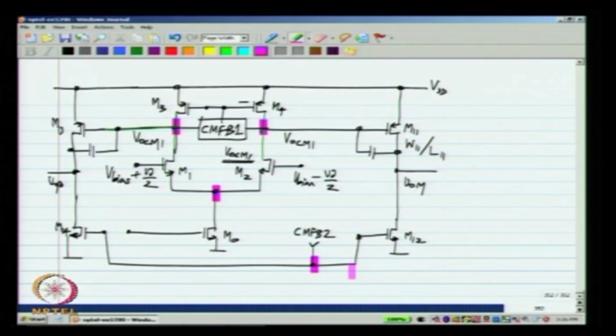For the second stage, basically we have to go on adjusting the gates of M12 and M14 until the common mode of VOP and VOM reaches the desired value. So, what do we do?